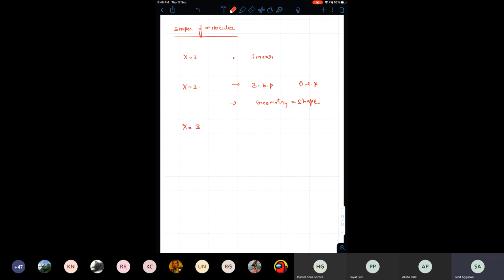When x equals 3, we have 2 bond pair but 1 lone pair, then it is angular, bent, or V shape.